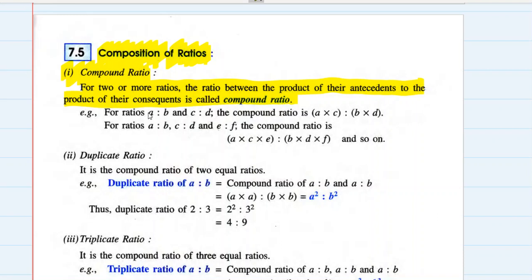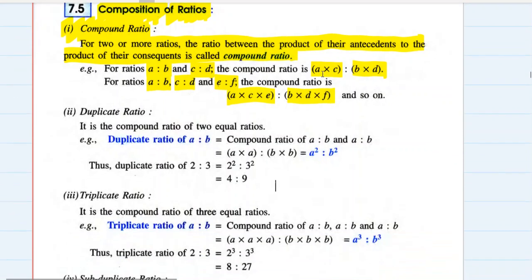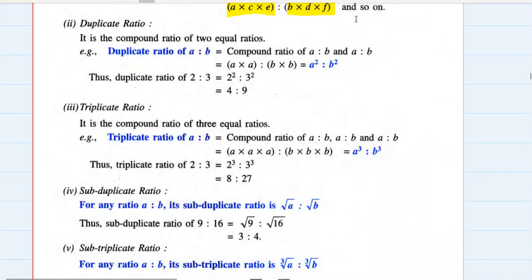Suppose we have two ratios, A is to B and C is to D. Then their compound ratio will be A multiplied by C ratio B multiplied by D. So we multiply the antecedents or the numerators, ratio multiplication of their consequents or denominators. The new ratio which you get is the compound ratio of the original two ratios. Even if there are three different ratios, you can find their compound ratio in the same manner. So that's the number one type of composition of ratio, compound ratio.